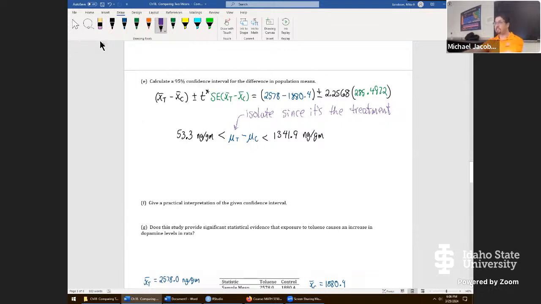So let's add mu sub c to all three sides of this interval, and we'll get mu c plus 53.3 nanograms per gram is less than mu t, which is less than mu c plus 1341.9 nanograms per gram. Now with the treatment mean right in the middle, it's not so bad to interpret this.